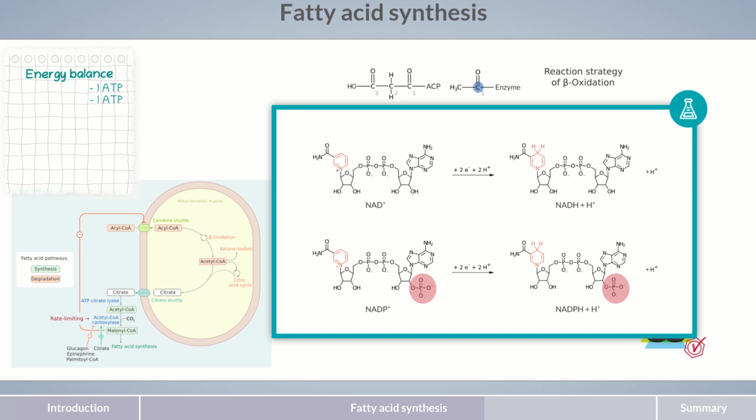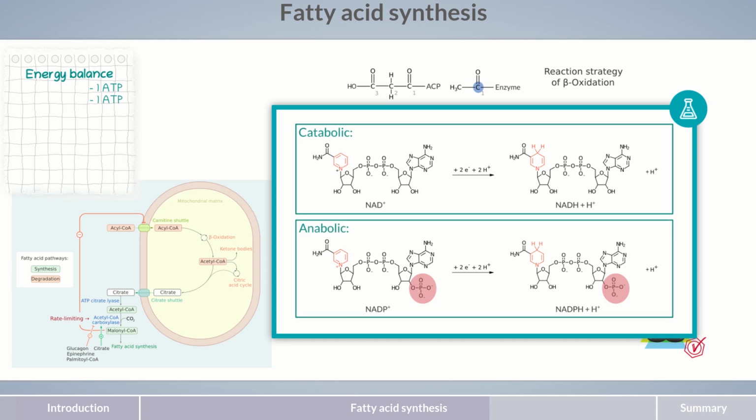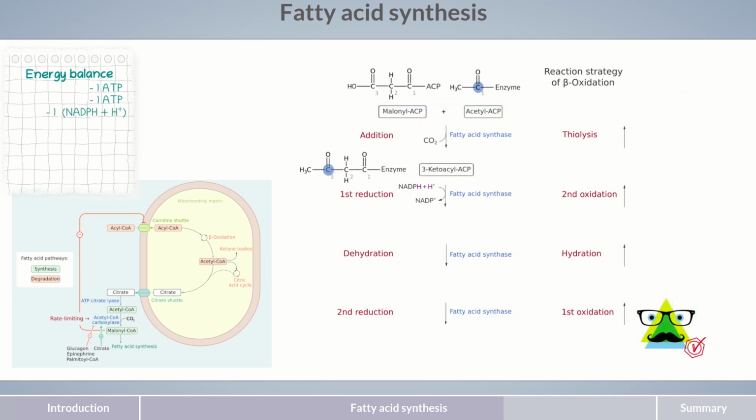To help you tell the two reducing equivalents apart, you can use the following rule of thumb. NADH and H+ primarily plays a role in catabolic processes, in contrast to NADPH and H+ for anabolic processes. Let's also place NADPH and H+ in our energy balance.